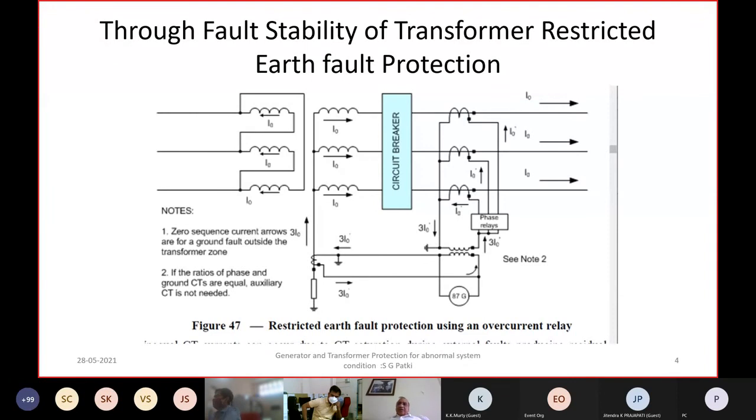Second thing is the location of the CTs is different in restricted earth fault. If you see for the generator transformer, maybe restricted earth fault may be restricted to the terminal CT, so you don't go into the base CT.